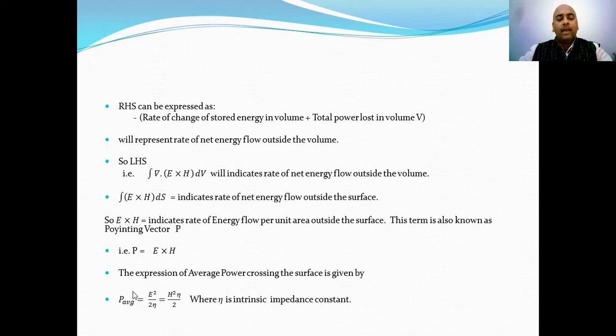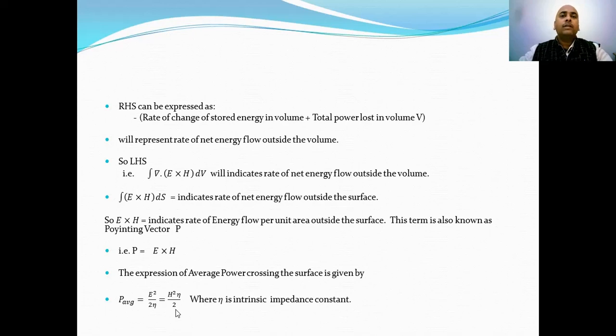The average power flowing due to an electromagnetic signal in terms of electric field is E square by 2 intrinsic impedance, where E by H is equal to the intrinsic impedance. So in terms of H, it becomes H square times intrinsic impedance by 2.